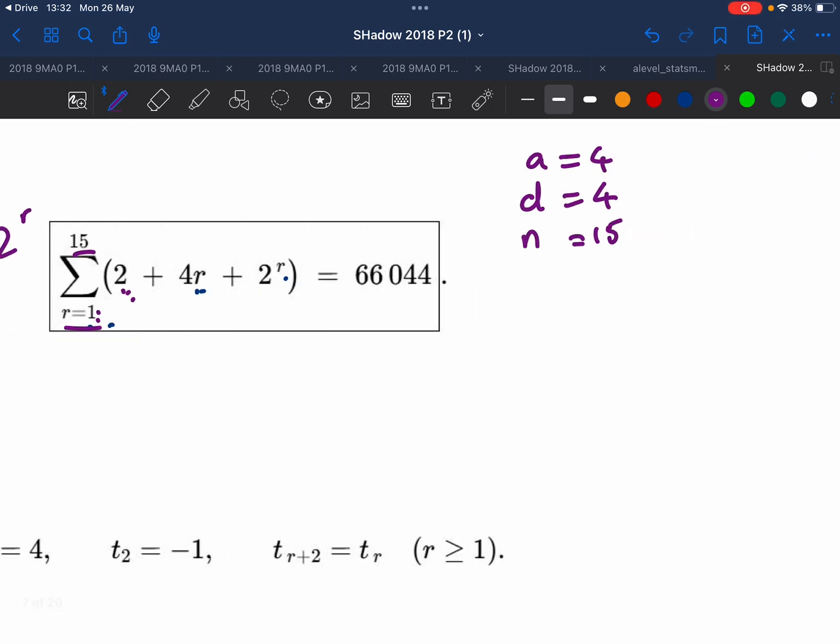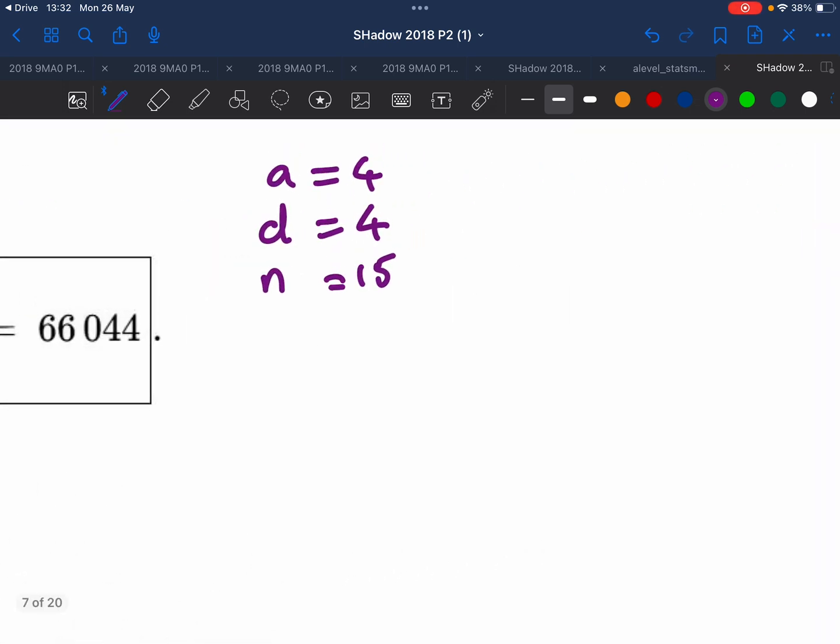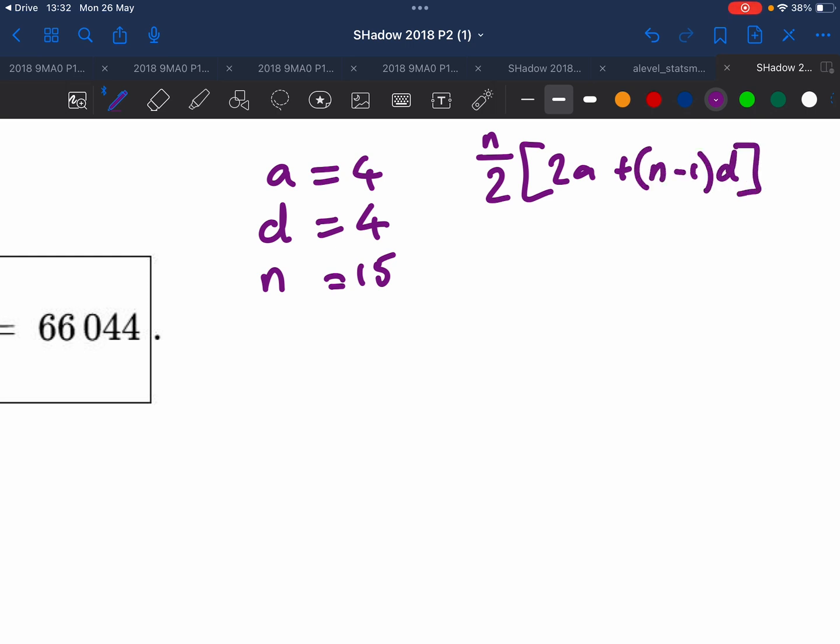The formula is in the booklet for this one, but the idea is that you should do n over 2 times 2a plus n minus 1 times the difference. If you do that, you get 15 over 2, 2 lots of 4, and 14 lots of 4.